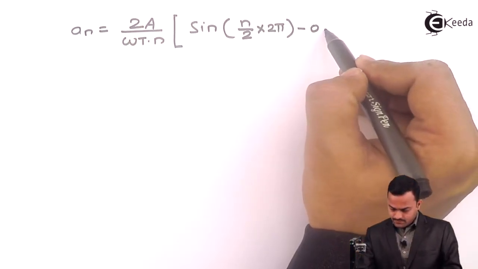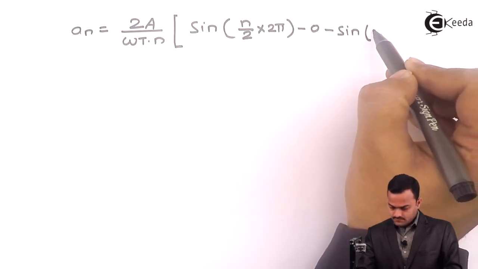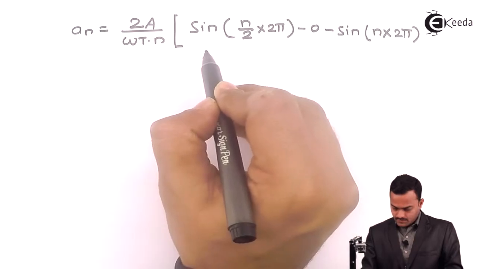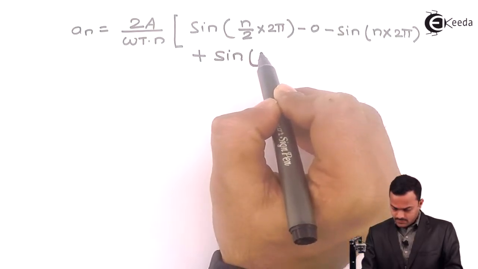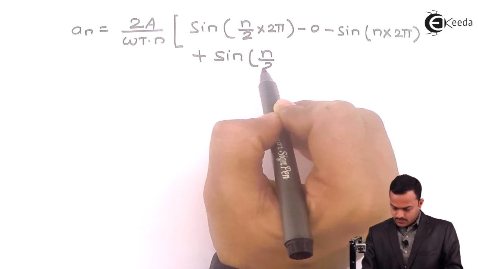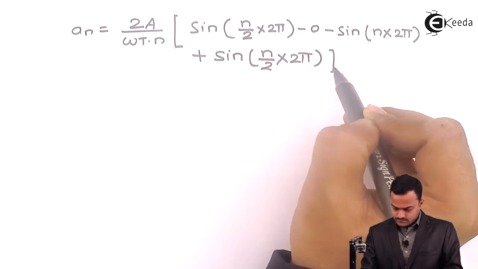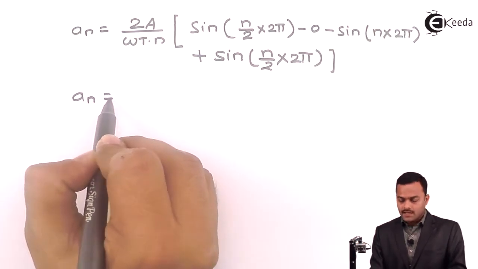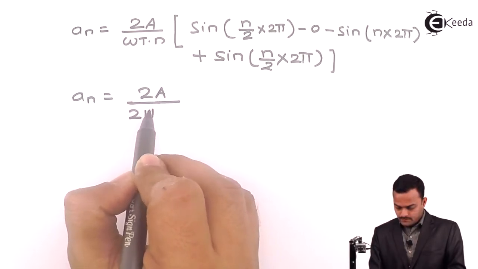So it is minus sine n into 2 pi plus sine n by 2 into 2 pi. Let's simplify. So I will get an as 2A, omega T is 2 pi.